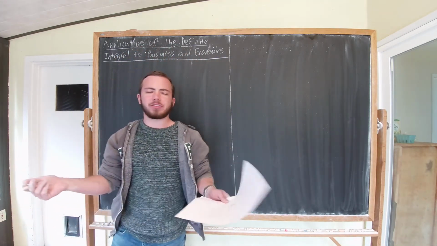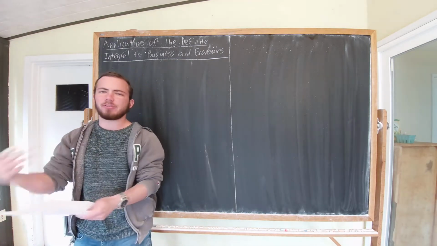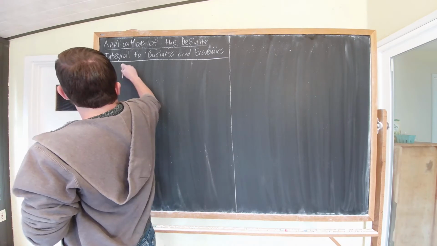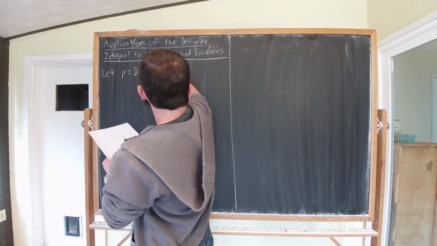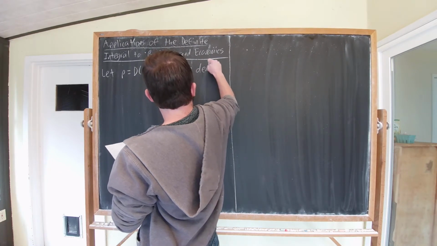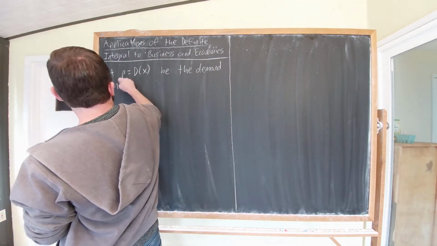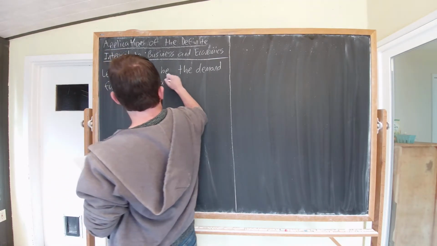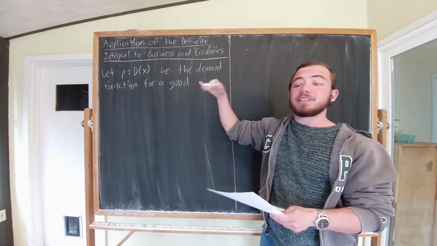So, for our first example, let's talk about consumer and producer surpluses and how those relate to definite integrals. If we let P equal d of x be the demand function for a good, what does d of x do?